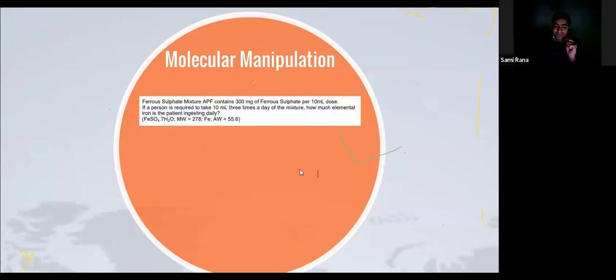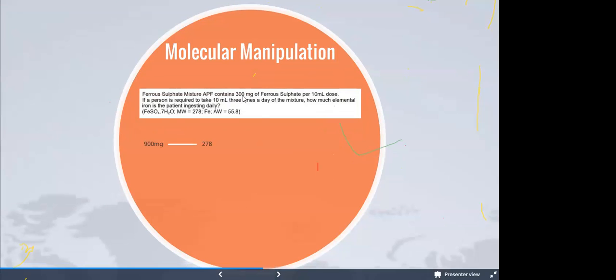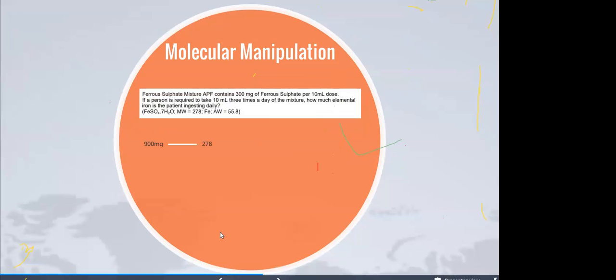Let's do it. Ferrous sulfate mixture contains 300 mg of ferrous sulfate per 10 ml of dose. If a person is required to take 10 ml 3 times daily of the mixture, how much elemental iron is the patient ingesting daily?